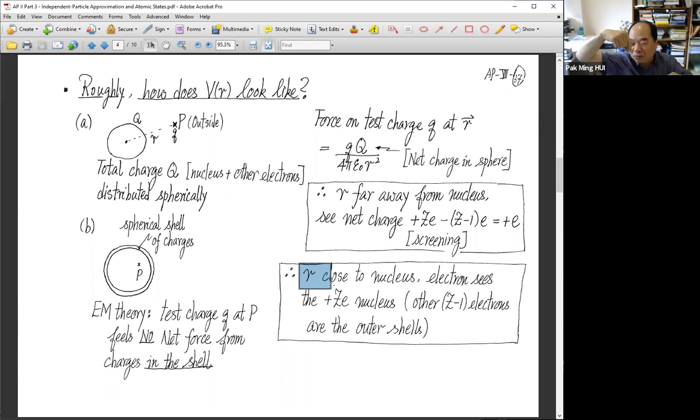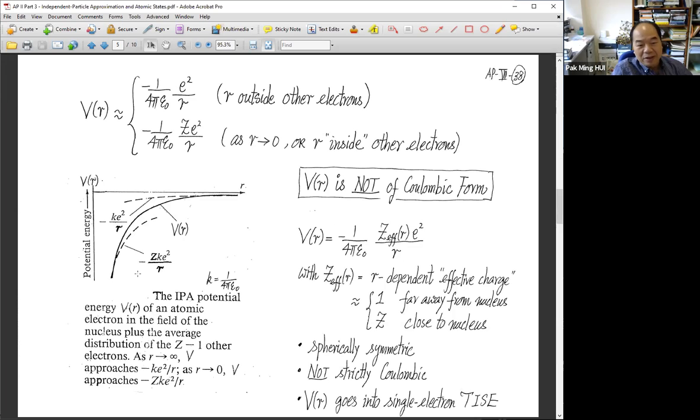They all cancel out for a spherical shell, for example. Therefore, you will see all the nuclear charge. So with this idea, at least we know two limits. When it is very far away, you see only one e nuclear charge due to screening. When you are very close to the nucleus, you see the full nucleus. Therefore, you have a Z there, okay?